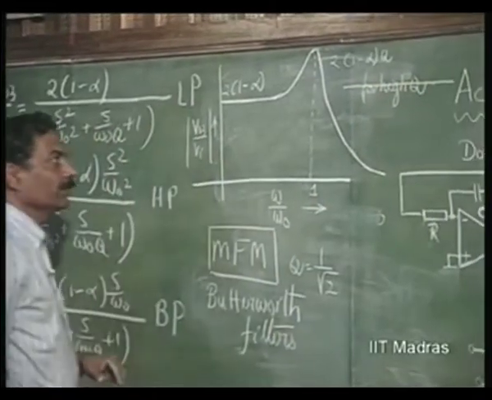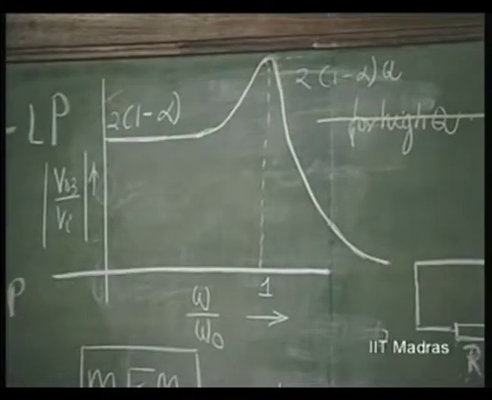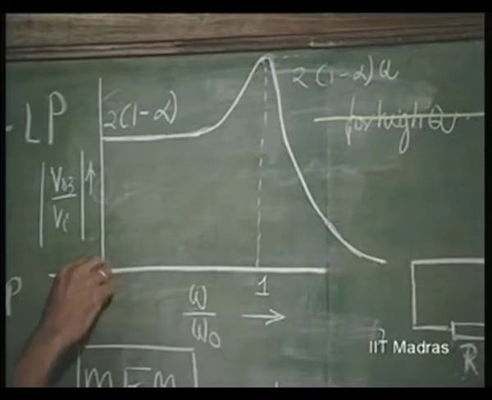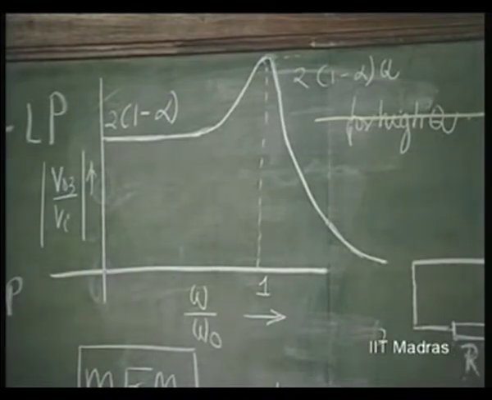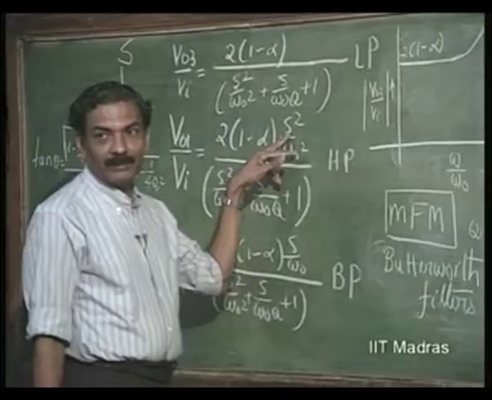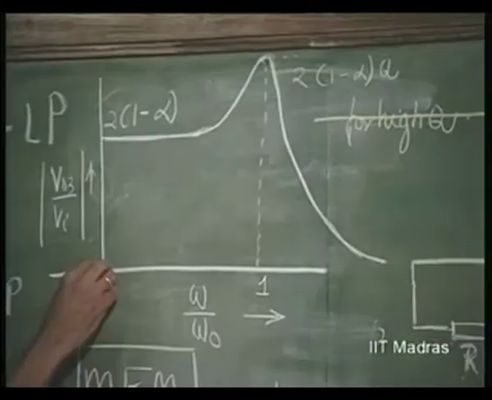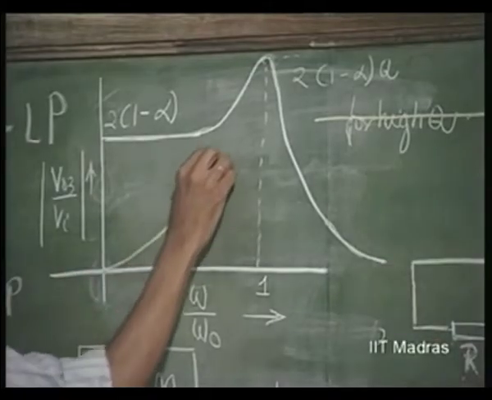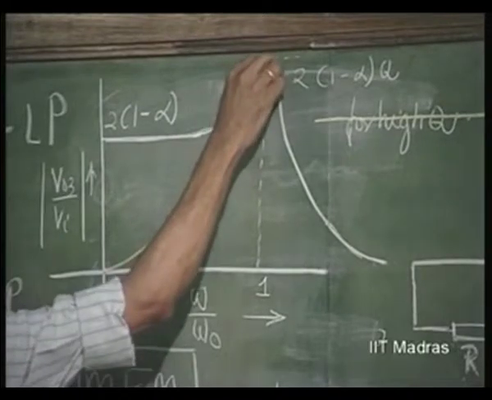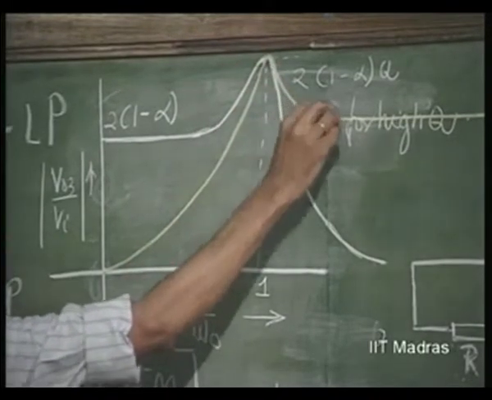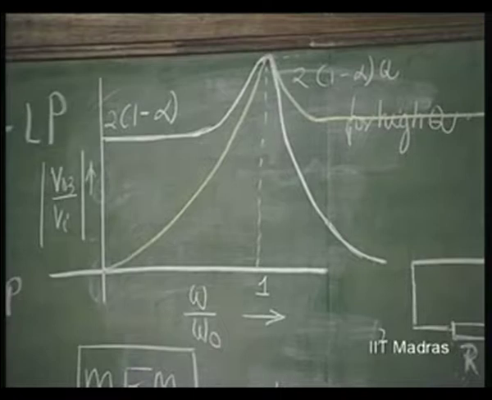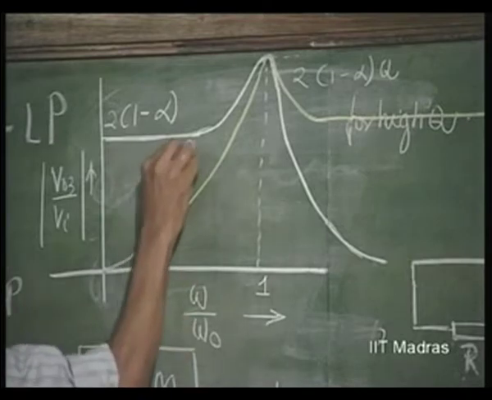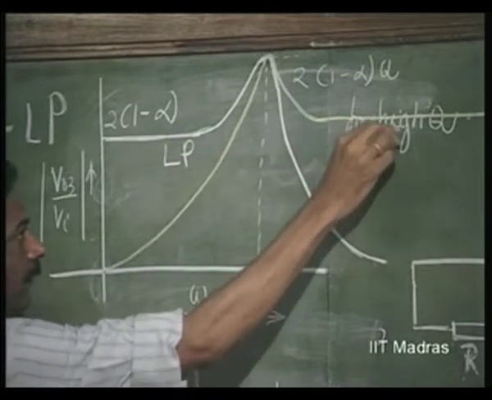This is the asymptote at high frequencies, and at low frequency s is equal to j omega, omega equal to 0, it should be 0 because this comes in the numerator. It has double zeros at s is equal to 0. So, this is the nature of high pass. This corresponds to low pass, this corresponds to high pass.